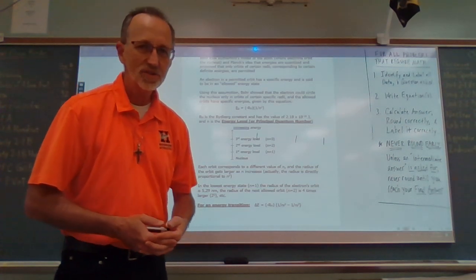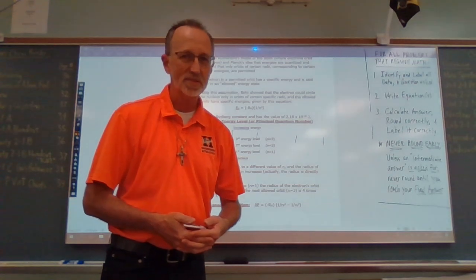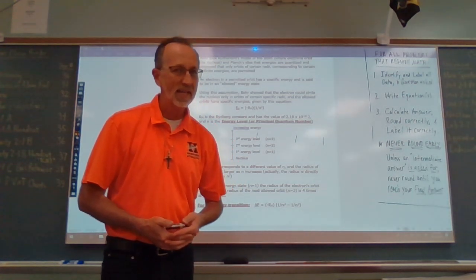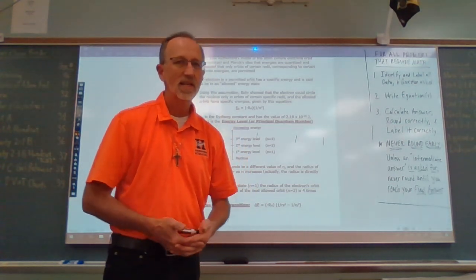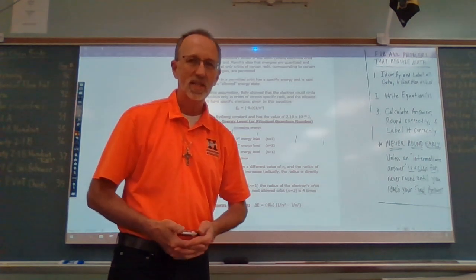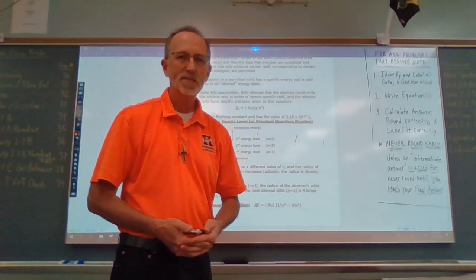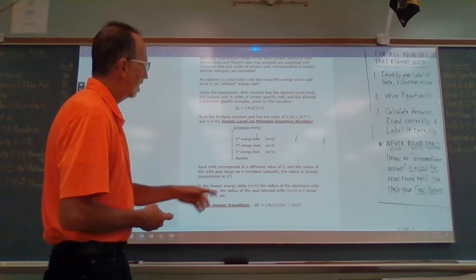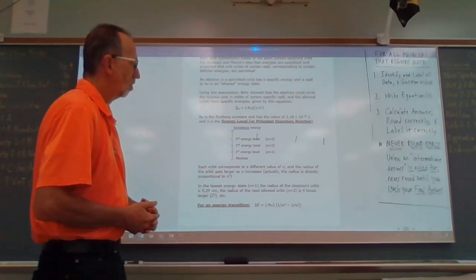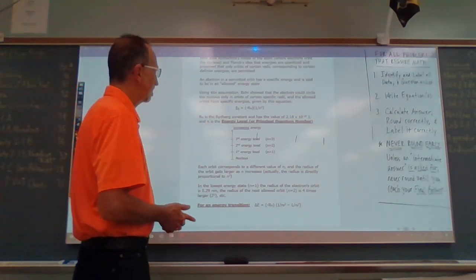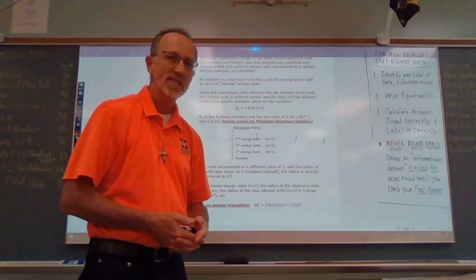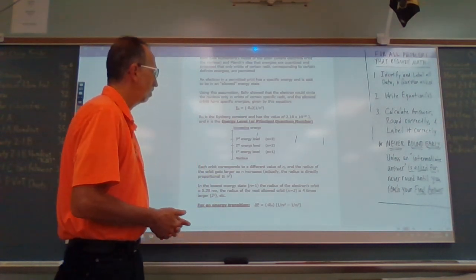Bohr called these energy states energy levels. You've probably heard that in Chem 1 or another class. This is where the term energy level came from, Niels Bohr, all right? An electron in a permitted orbit has a specific energy and is said to be in an allowed energy state or energy level.